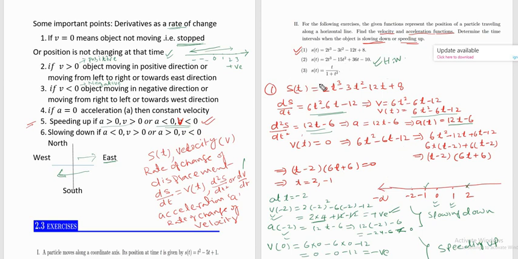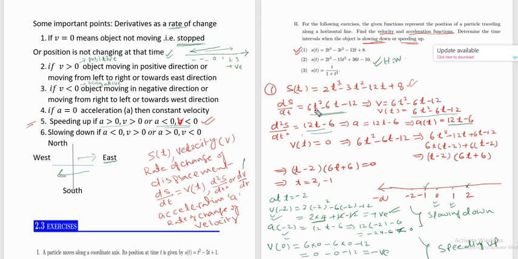For the velocity, again we need to differentiate the s(t) function. So s(t) is 2t cube minus 3t square minus 12t plus 8. We have to differentiate this with respect to time. This is nothing but velocity.